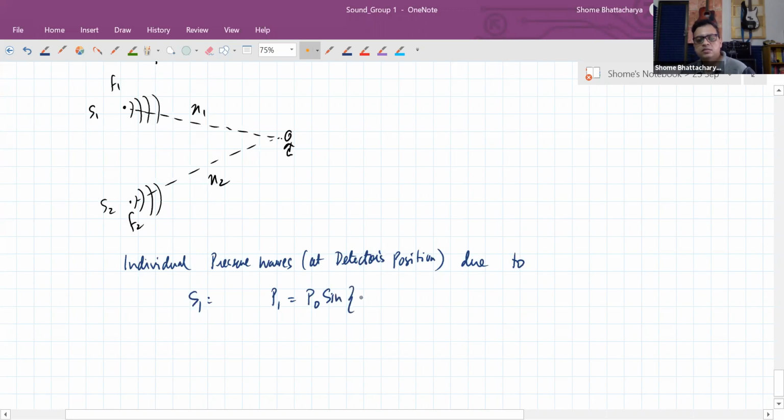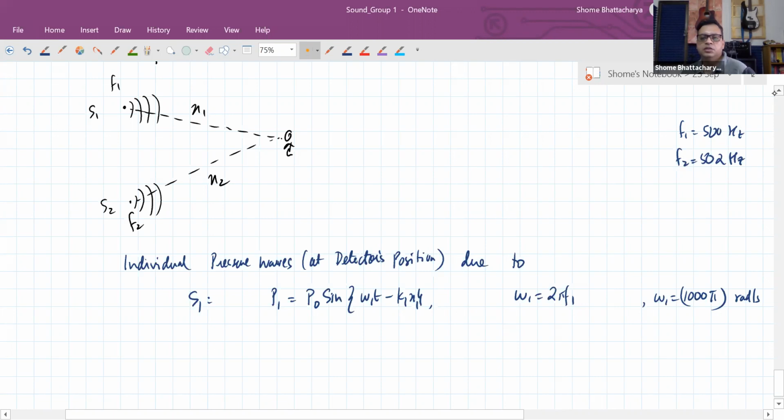So P naught sine omega 1 t minus k1 x1, where omega 1 is 2 pi f1. So in our particular example, omega 1 would have been 1000 pi radians per second, because in that example we had taken f1 as 500 hertz and f2 as 502 hertz, if I remember correctly.